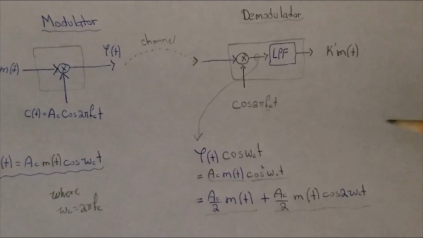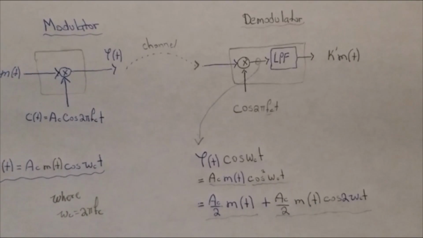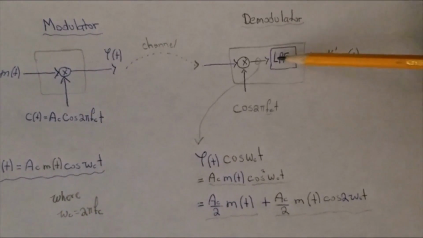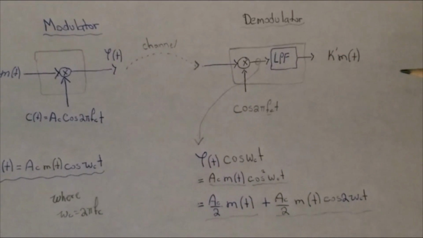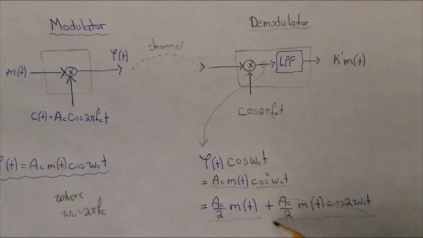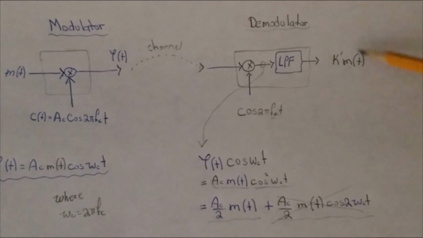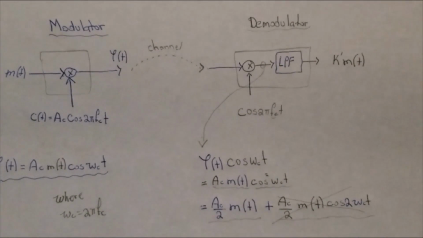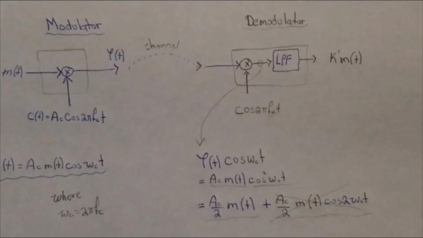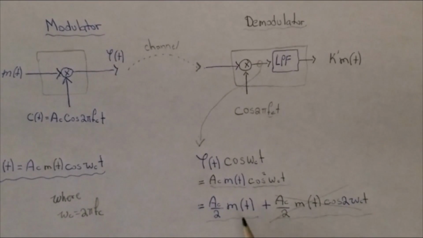However, it's being multiplied by a cosine at 2 times the frequency. If we use a low-pass filter and center it at the origin, we can filter out this component. And we will be left with our message signal at some scale. We can simply adjust this amplification and recover our signal.